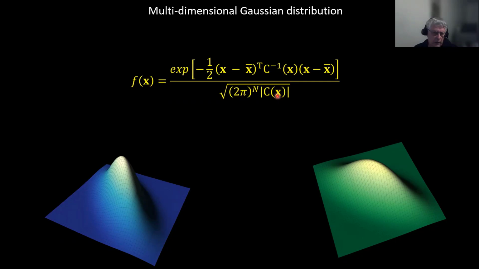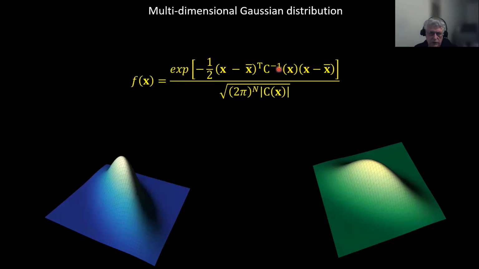Here's the determinant of CX. So it has to be invertible. And positive definite. Well, (x minus x-bar) transpose, Cx inverse, (x minus x-bar) has to be a positive number so that when we put a negative inside of it and then use it in an exponent, that number doesn't go wild. So inside the square brackets has to be negative.